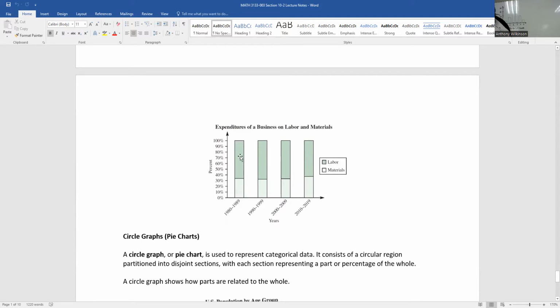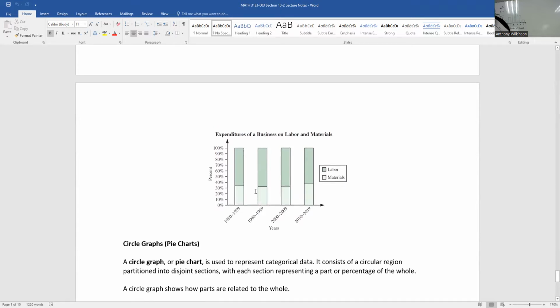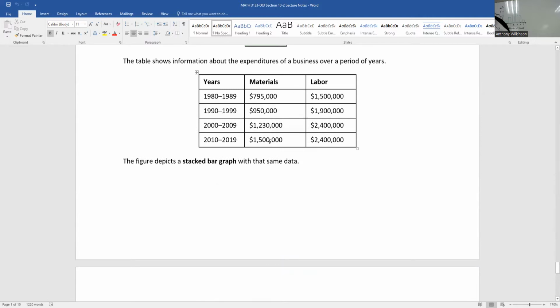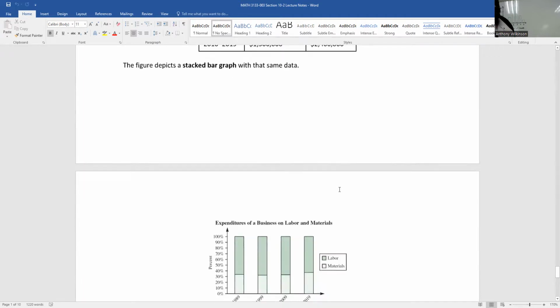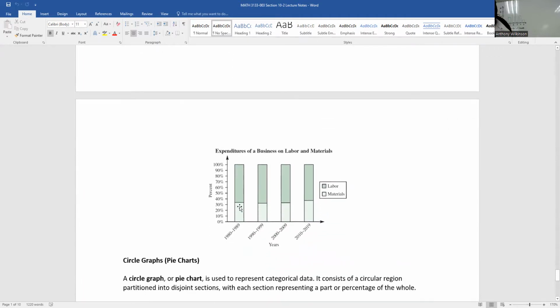And notice that the heights total 100% for each one of those. So they must have added up the total for materials and the total for labor, and then came up with a percentage for each one. And it looks like this.